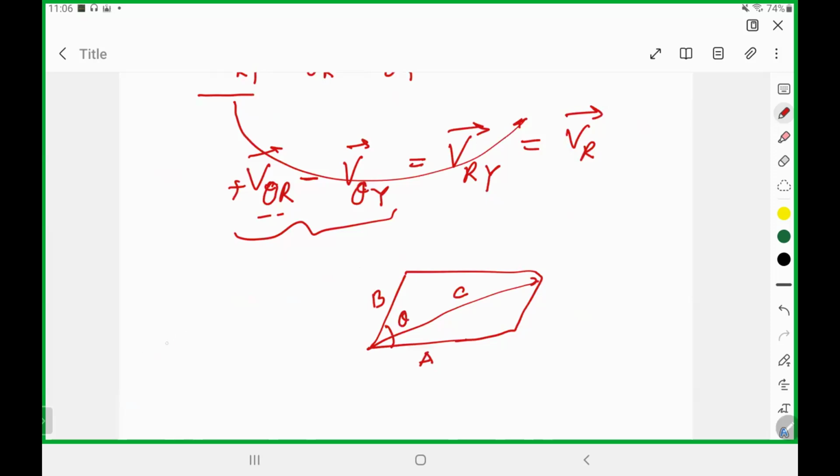Then C square is equal to A square plus B square plus 2AB cos of something. I'm not sure of the actual equation, but it is this kind of equation. You can use it to find that value.